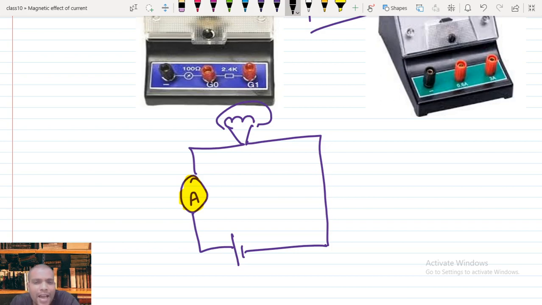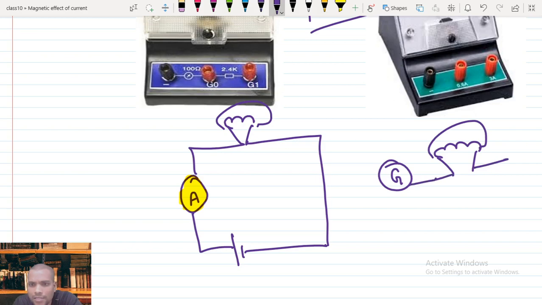the galvanometer already has resistance, and when it comes in series, the resistance value increases. Suppose G is the galvanometer resistance and it is connected to a bulb. The bulb also has resistance, and the galvanometer also has resistance.